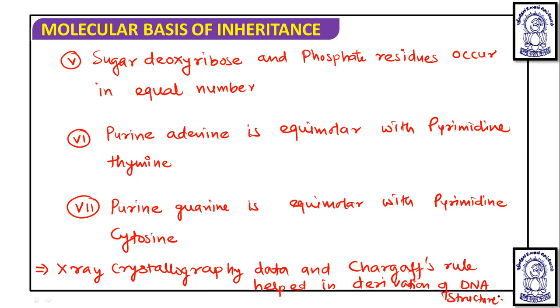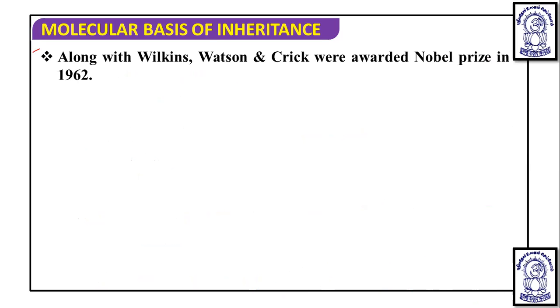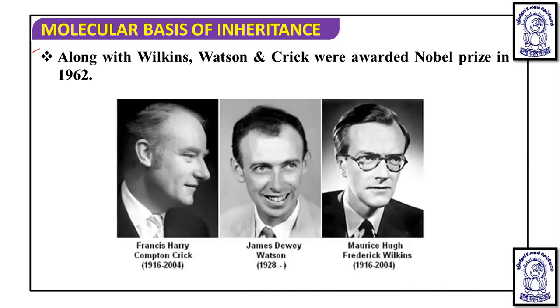Based on this, James Watson and Francis Crick gave a double helical model of DNA. For this structural study of DNA, Maurice Wilkins and Watson and Crick were awarded the Nobel Prize in 1962, shared among all three. These are the images of Francis Crick, the first one, then James Watson and Maurice Wilkins.